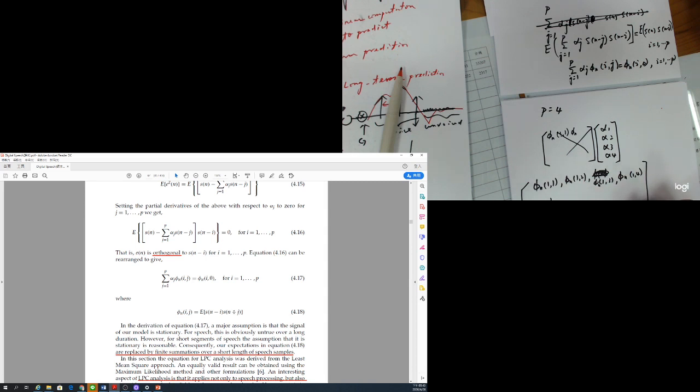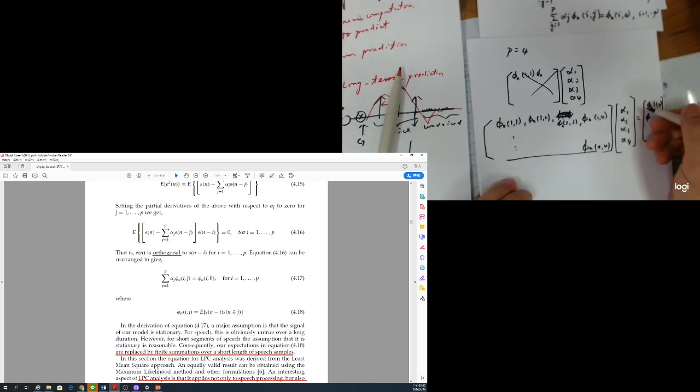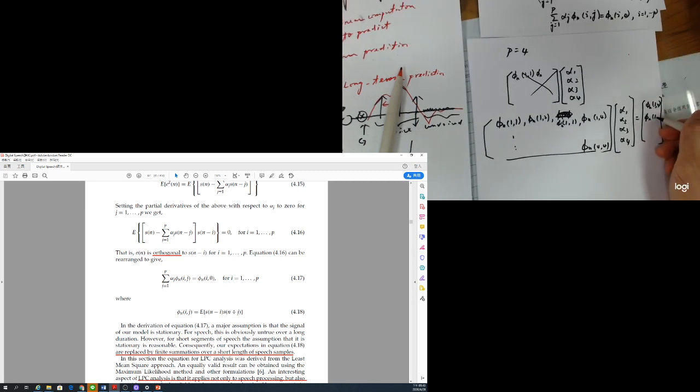So you have a Yn(4,4). So this one is your R1, R2, R3, R4, and your right hand side will be Yn(1,0), Yn(2,0), Yn(3,0), and Yn(4,0).